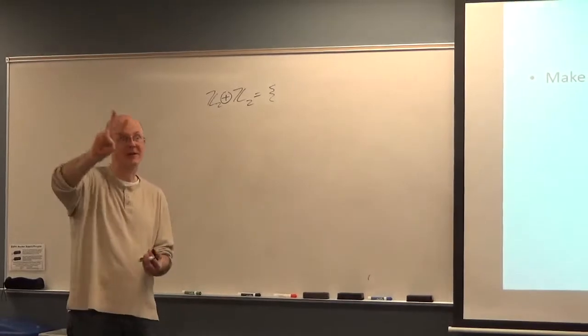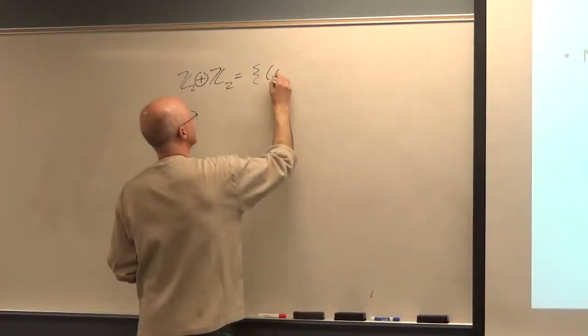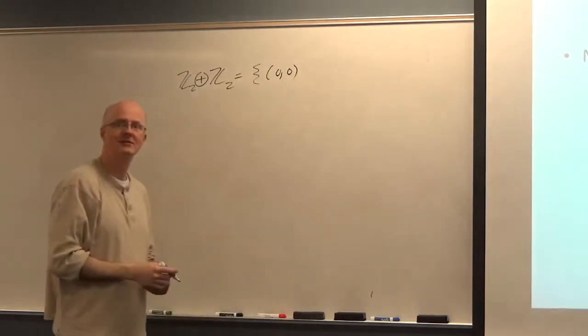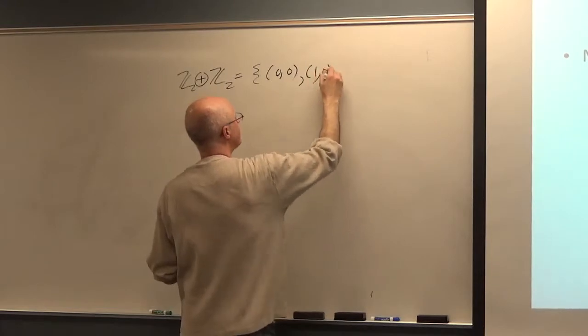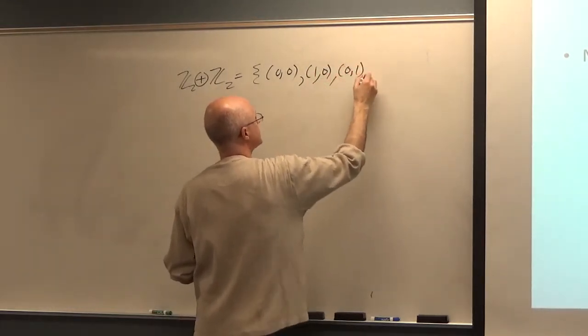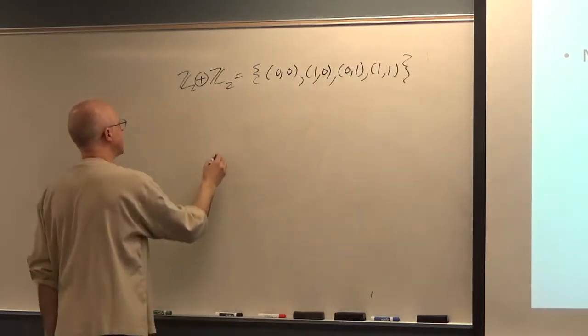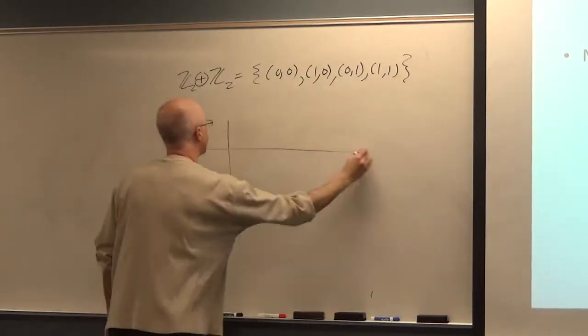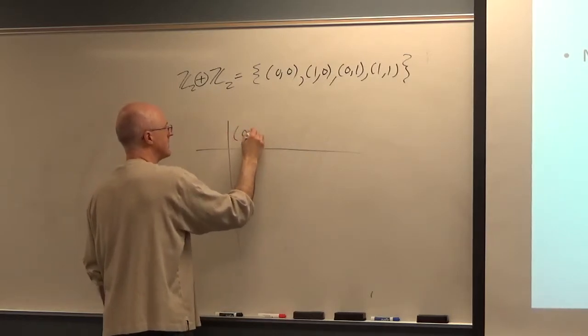Z2 only has two things in it, right? 0 and 1. 2 times 2 is 4. This should have 4 elements. So as a set, it consists of these 4 elements. And if we want to make a Cayley table for it, we need 4 rows and columns here.